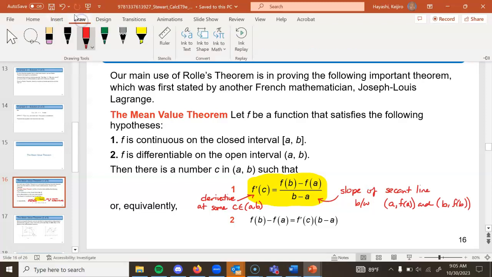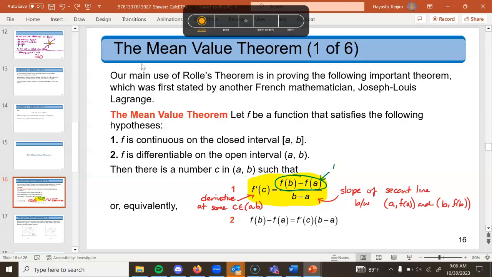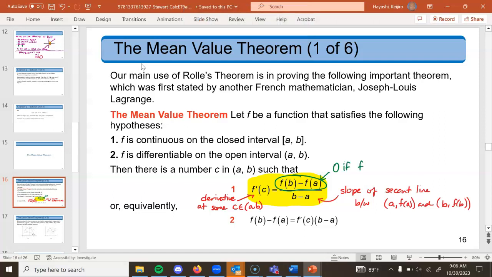Now, to see how Rolle's theorem was a specific case of this, remember that for Rolle's theorem, we needed f of A to equal f of B. That means if f of A is equal to f of B, the top of this fraction on the right is zero.